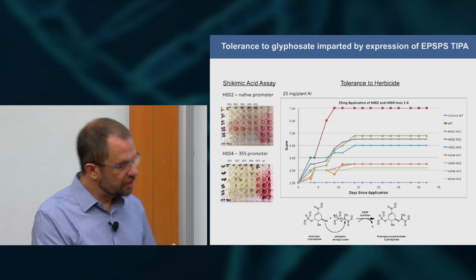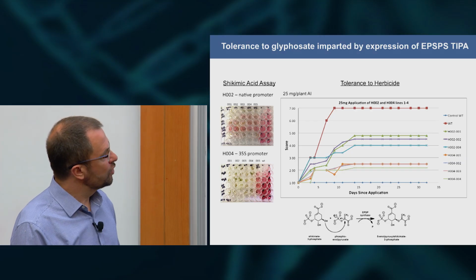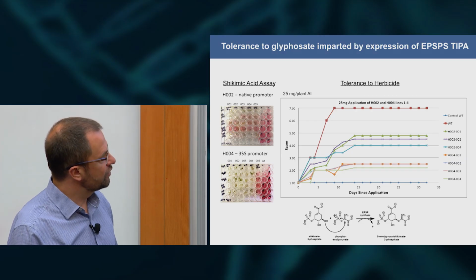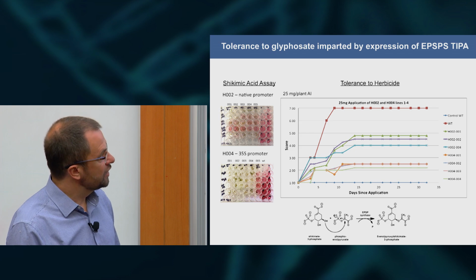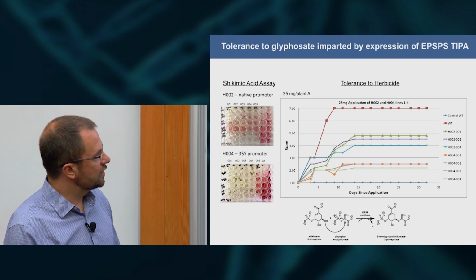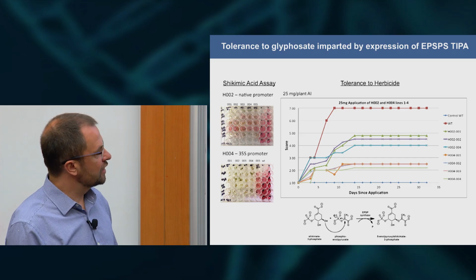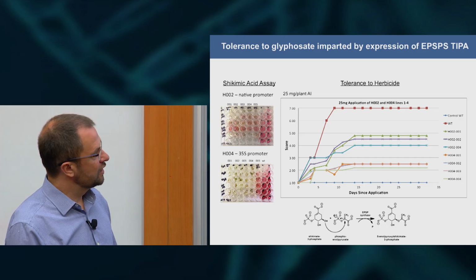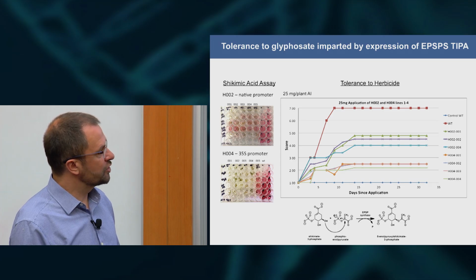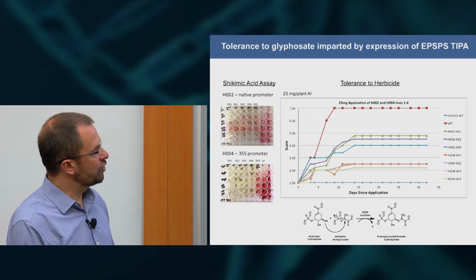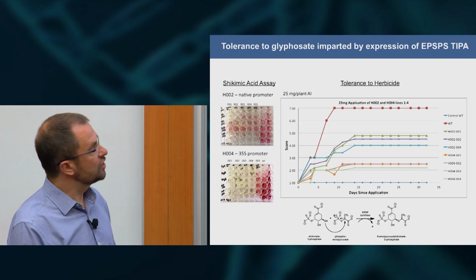And first we did a biochemical assay. EPSPS converts shikimate into EPSP, basically the product that is then ultimately converted into the aromatic amino acids. And so the chemical glyphosate, the herbicide, inhibits this enzyme, and so you'll accumulate a lot more of the shikimate.